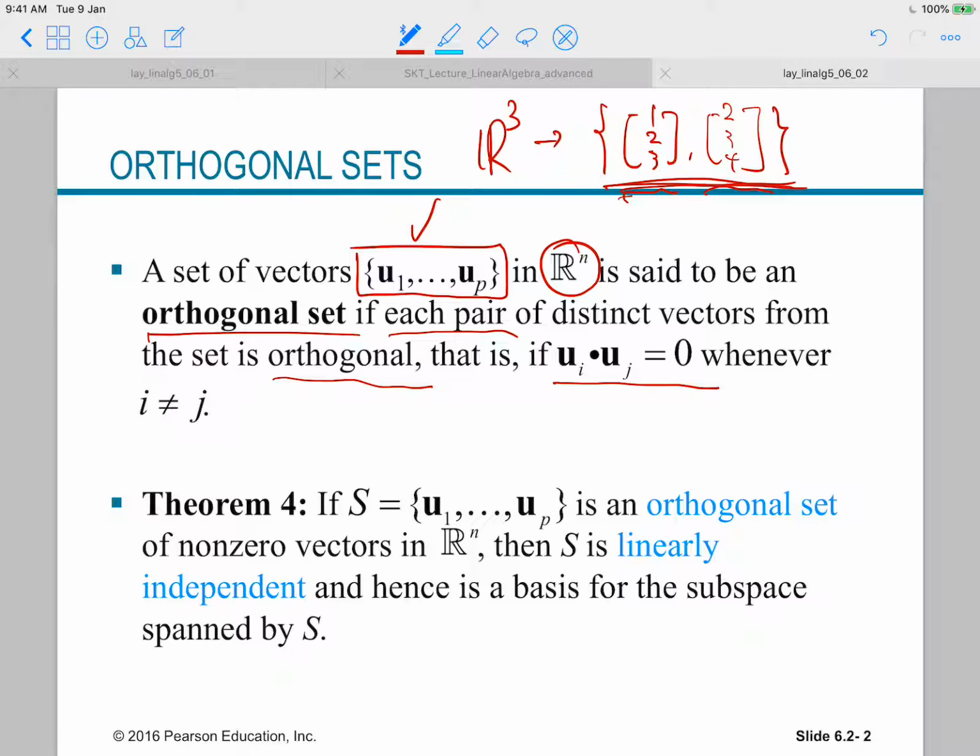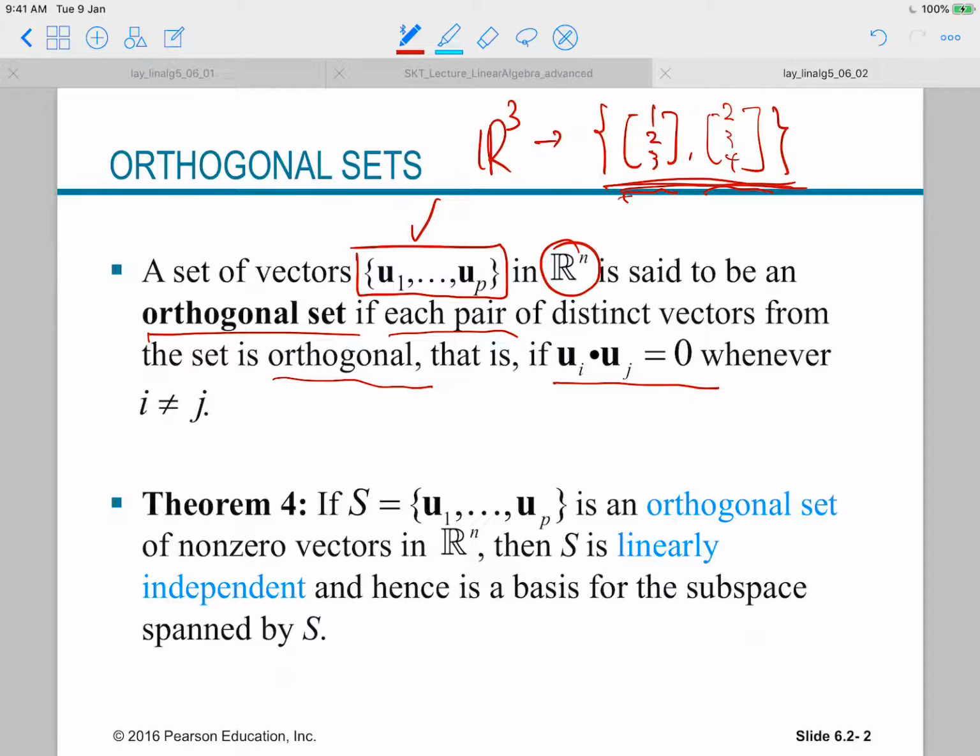So we can now compare the linearly independent set and the orthogonal set. Between the two, orthogonal set is a much stricter condition. Which means if your set is an orthogonal set, then it is automatically guaranteed that this set is linearly independent.